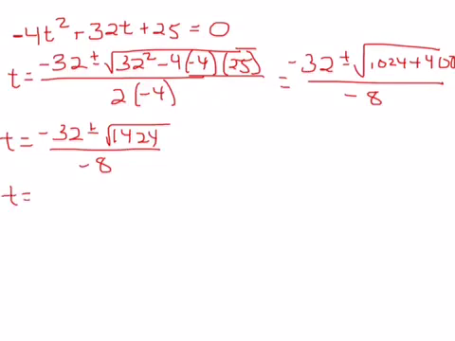We've got t equals negative 32 plus the square root. Oh, you know what? Let's go to our calculators. That square root is approximately 37.736. So let's change it to that. So we've got negative 32 plus 37.736 over negative 8.